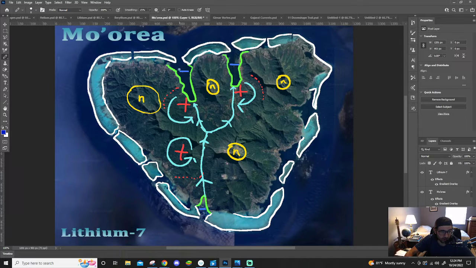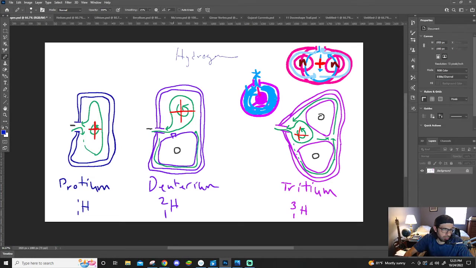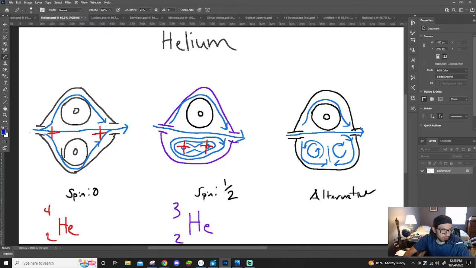The current struggles to get through these vortices that are happening here as a result of the current, which then starts to push more material over here, leading to a lithium 7 atom. So it works like that in a way where I didn't describe a backflow, and the shape of the island makes sense. So it probably is that there is no backflow.